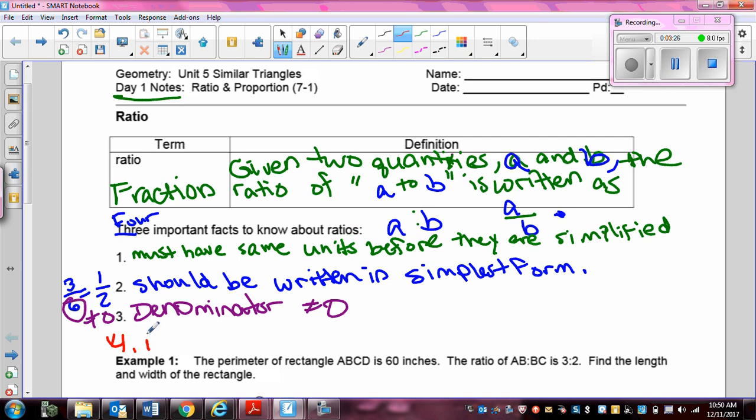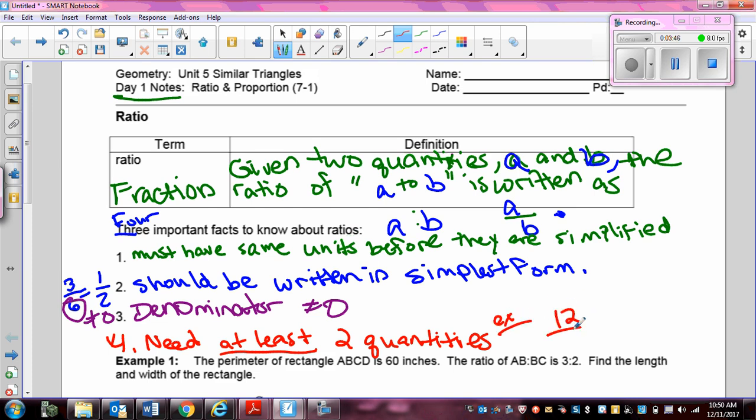Remember that. Could be more, at least. So this is my example. If they give us something like 12 divided by 6, we like to simplify this and say 2. We'll write this as 2 over 1 or 2 to 1, not just 2.